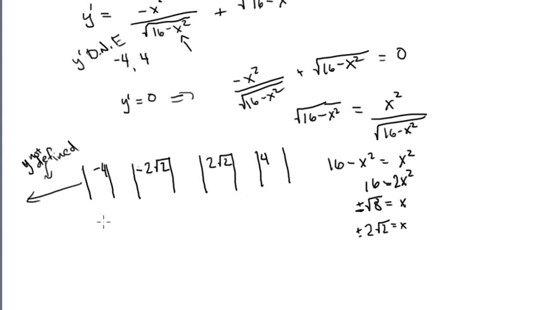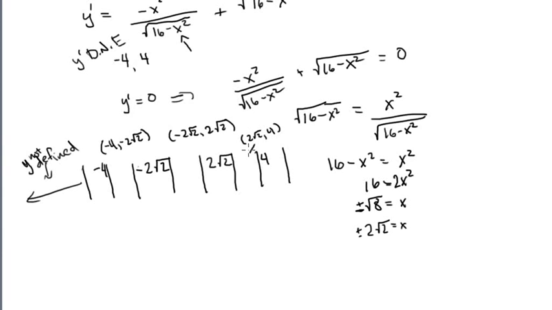So our first open interval is going to be negative 4 to negative 2 square root 2. Our next interval is going to be from negative 2 square root 2 to positive 2 square root 2. And our last interval will be 2 square root 2 to 4.